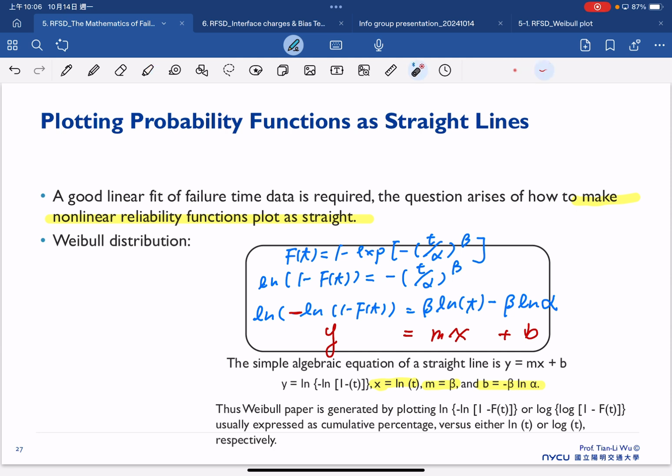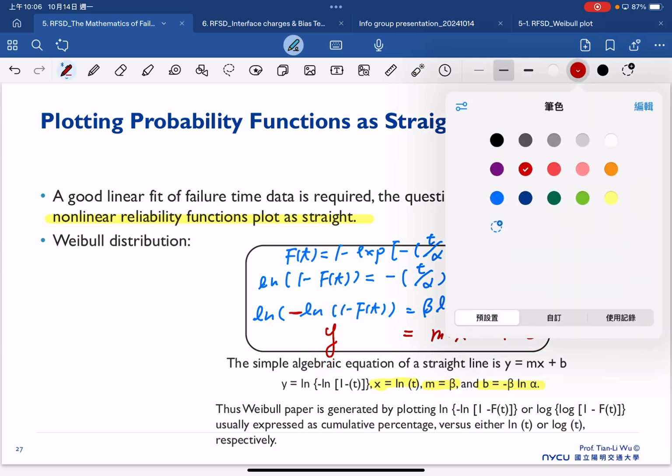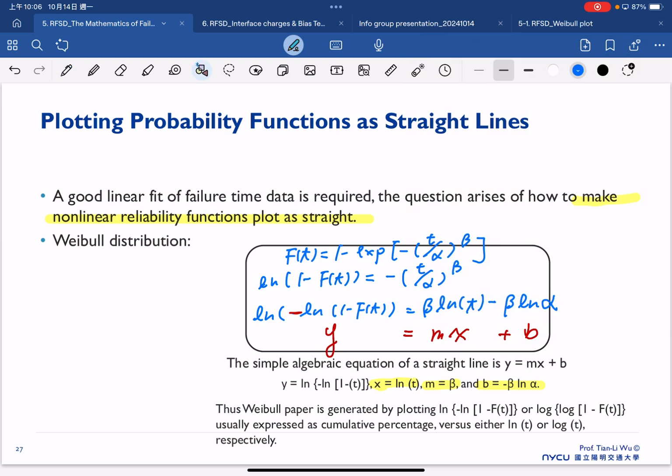So with this, y is equal to mx plus b. So we can plot the equation as shown here, where our x-axis is natural log t, and the y-axis is natural log of minus natural log of 1 minus F(t).